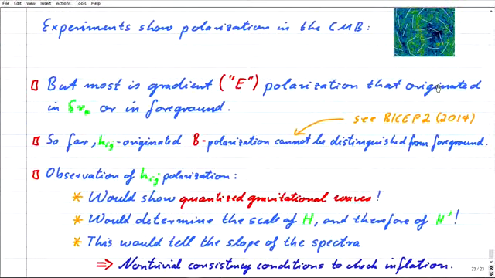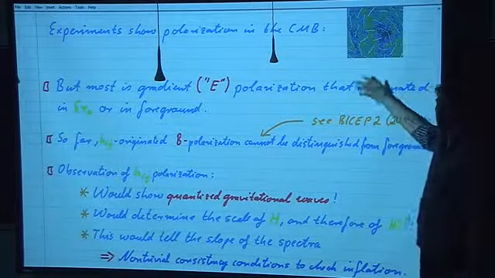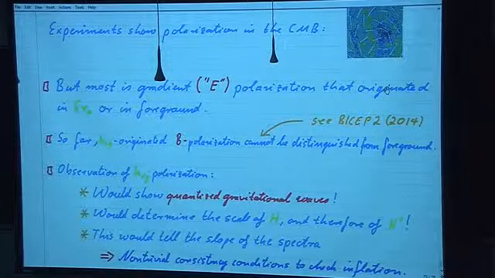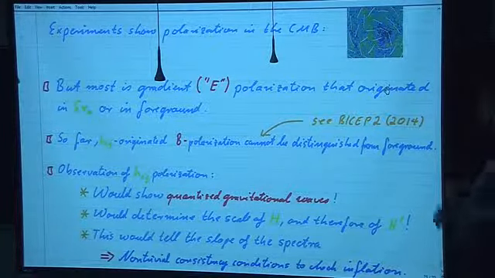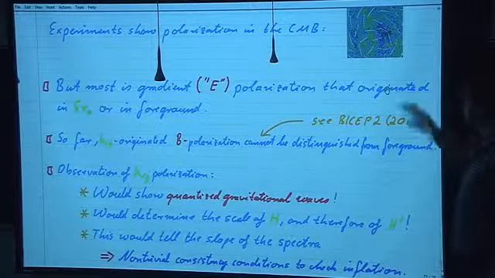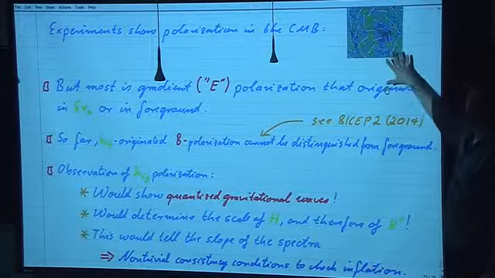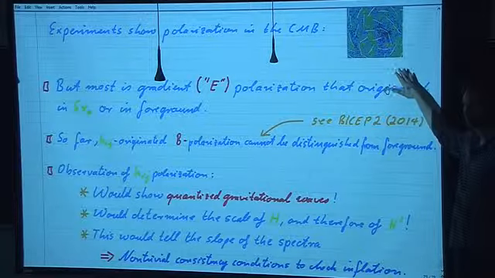As you may remember, BICEP2 in 2014 claimed to have measured the polarization fluctuations, and they were relatively large, right? Which meant that the energy scale of inflation was relatively large, and there was a huge excitement about it. But apparently, all that was seen there was really foreground from the galaxy.